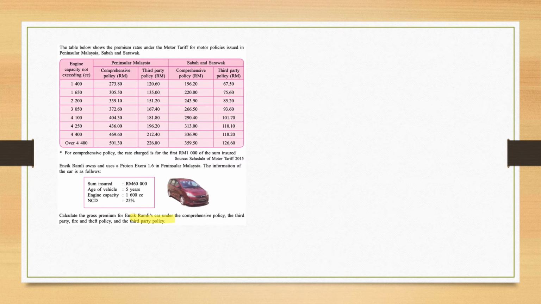Instead of what we did previously, the first thing you do is again look at your Peninsular Malaysia, your engine capacity 1000 cc to 1750, and for the third party policy right here, that will be 135 ringgit. So basic premium A, that's the thing you do for the third party policy.